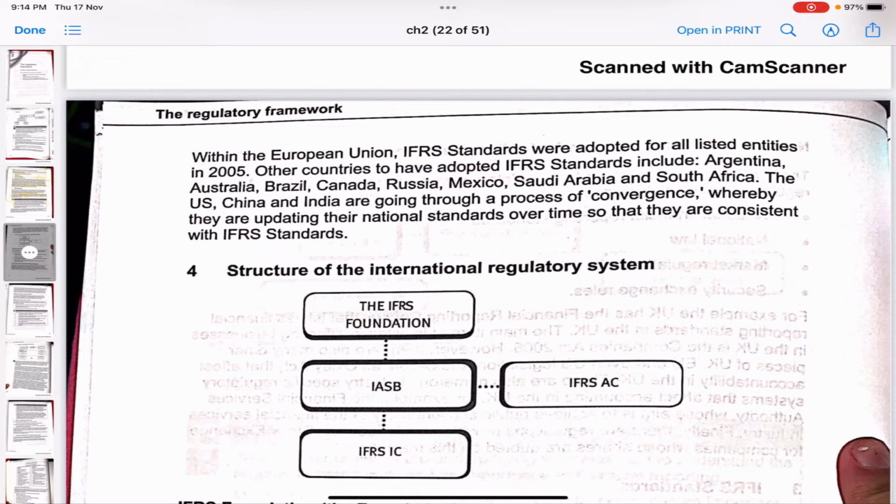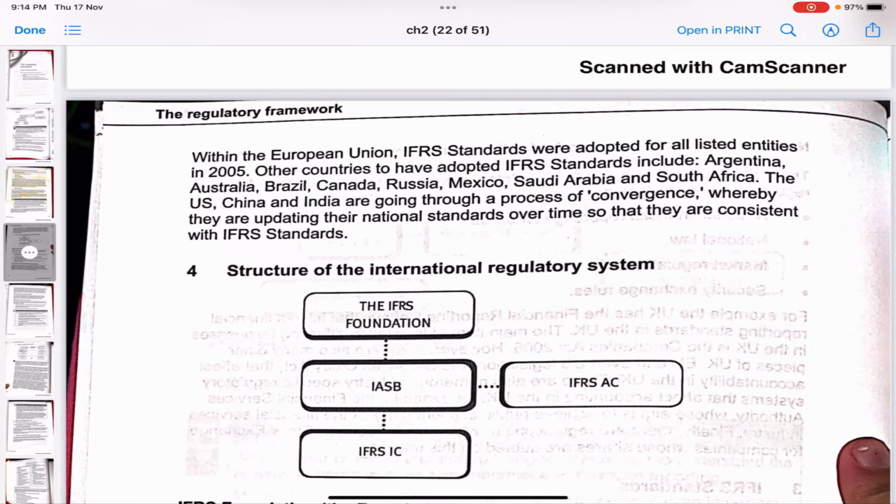Other countries that have adopted IFRS standards include Argentina, Australia, Brazil, Canada, Russia, Mexico, Saudi Arabia, and South Africa. So these are the other countries that have also adopted the IFRS.